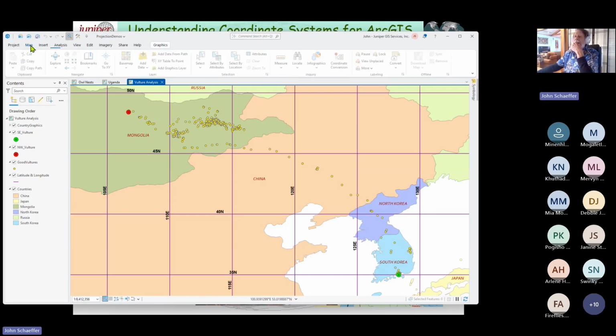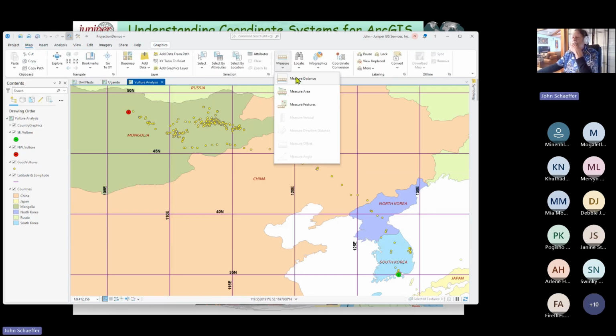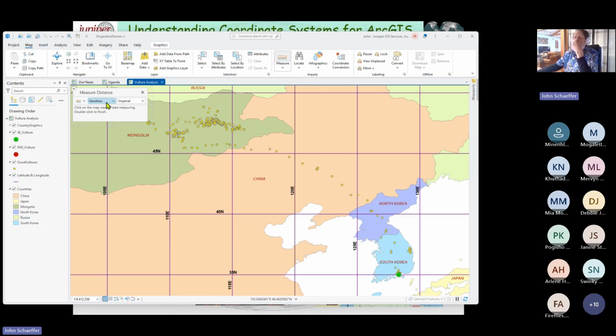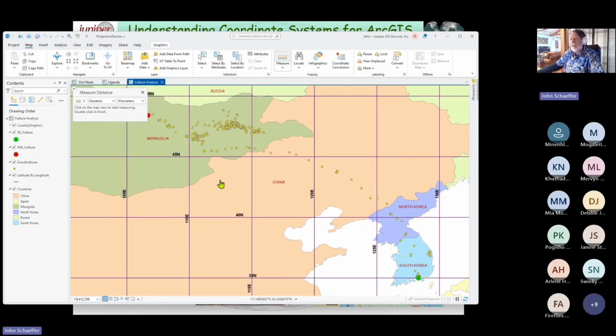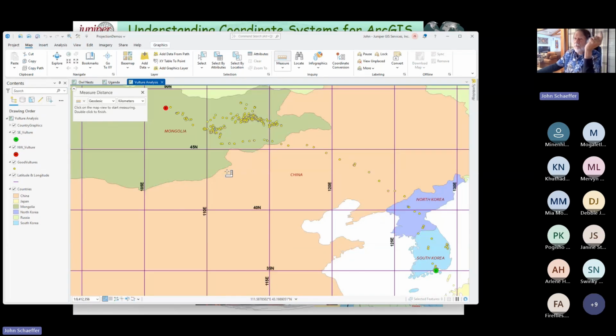So let's go back, map, measure distance. We'll go geodesic, and we'll go imperial, no, excuse me, kilometers. And we'll close the box. Okay. Now that I've made my screen smaller, I got to keep moving stuff around.